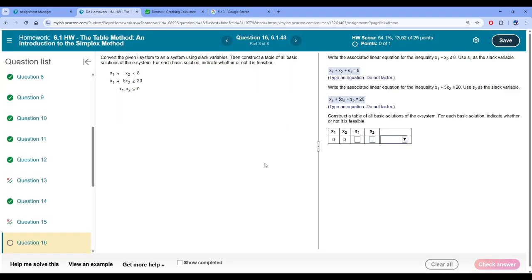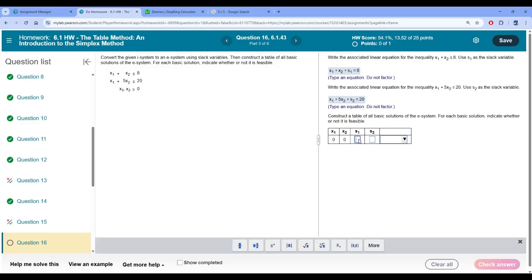Okay. Now my equation is 0, 0, and I think this is going to be 8 and 20, and this is feasible.